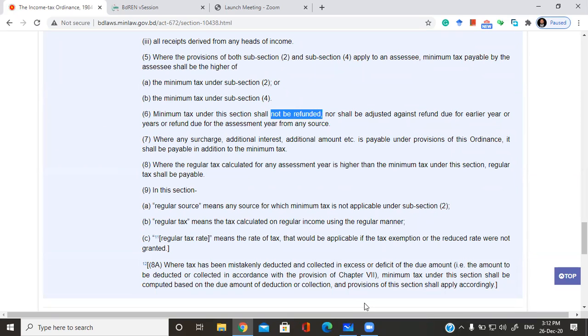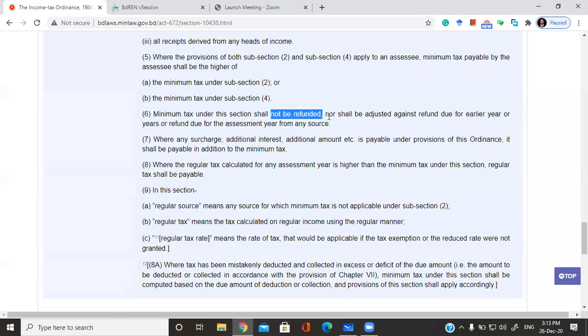How does the refund issue come? Sometimes we pay more tax than we need to pay, so there is an issue of refund. It is very clear that when the minimum tax has been mentioned and you have already paid the minimum, there is no issue of giving you a refund.